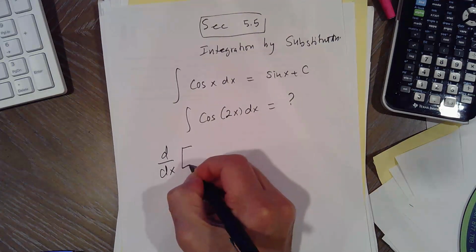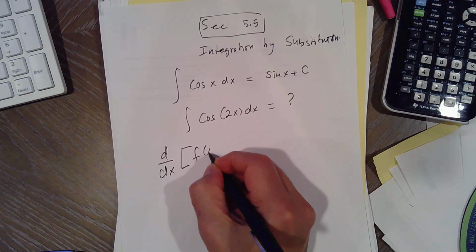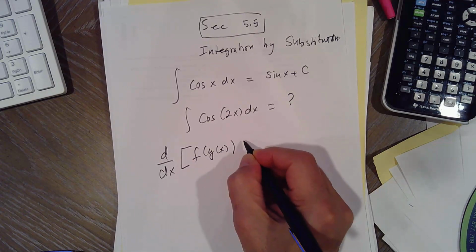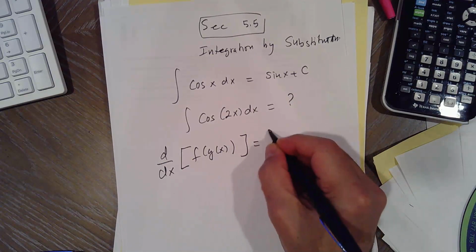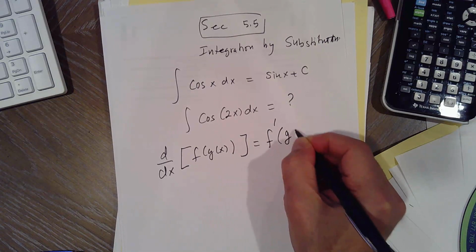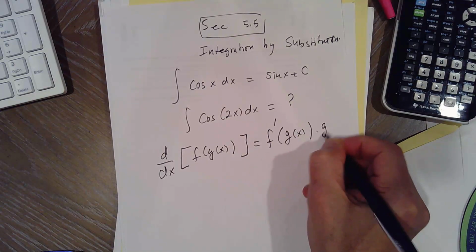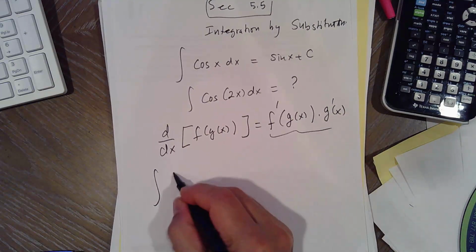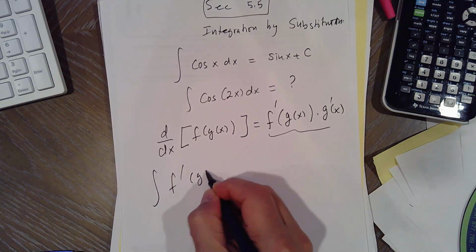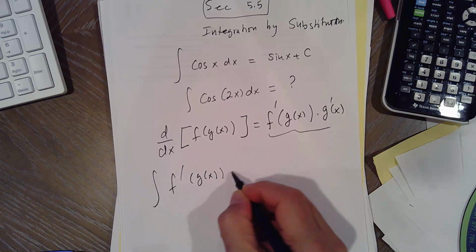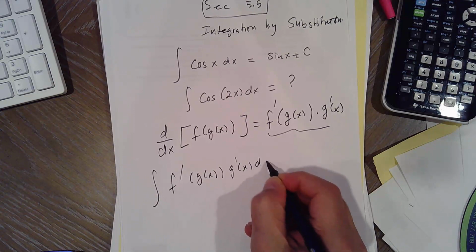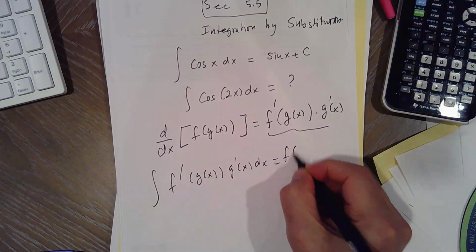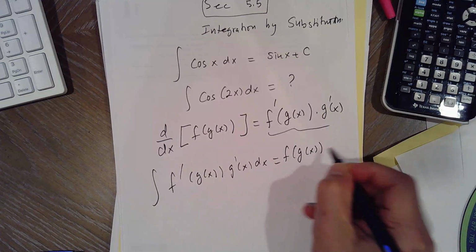Remember the chain rule, the derivative of f of g of x, a composite function: you do the derivative of the outer function at the inner times the derivative of the inner, which means the integral of f prime of g of x, g prime of x dx equals f of g of x plus c.